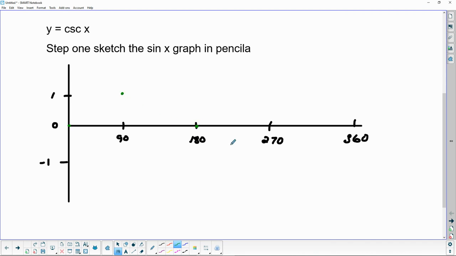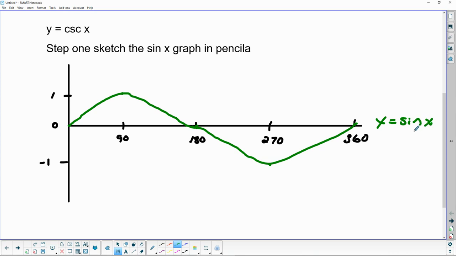So there's the sine graph. It's supposed to be even, but mine's a little off. Okay, so that's y equals sine x.